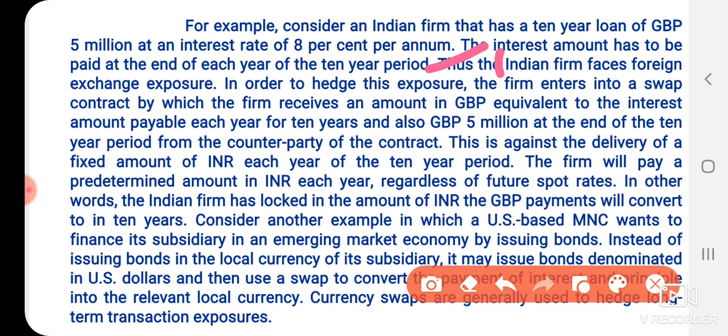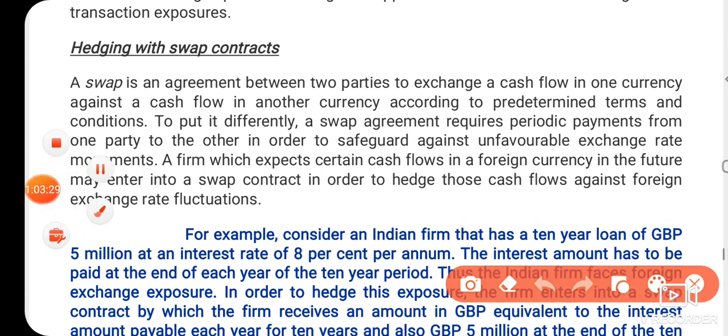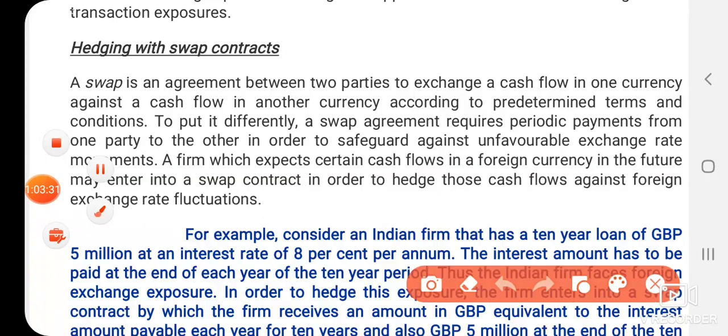The firm receives an amount in Great Britain pounds equivalent to the interest payable. They are exchanging cash flows according to the agreement.